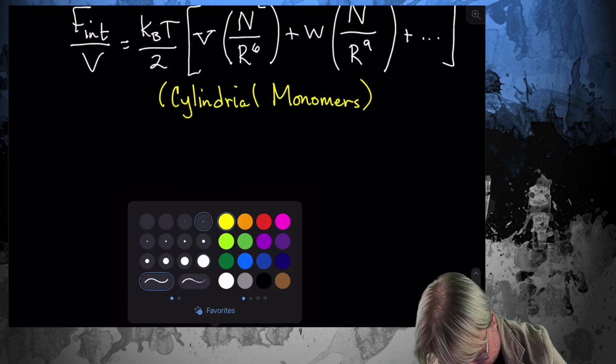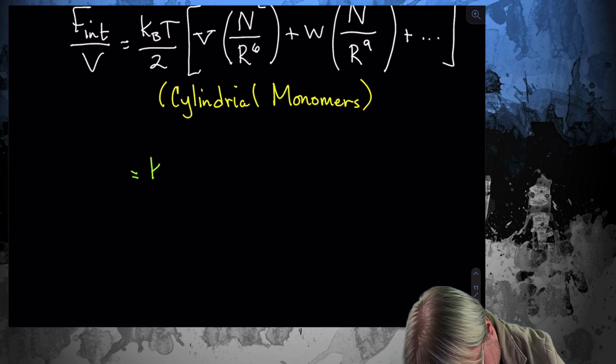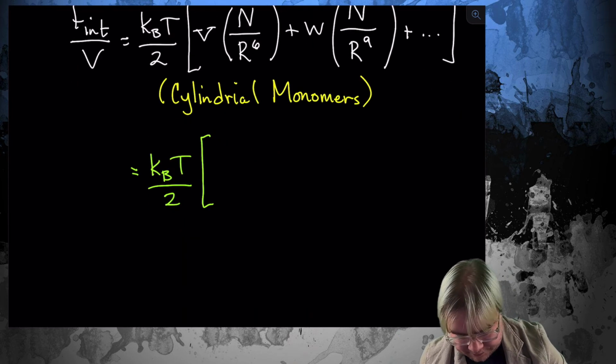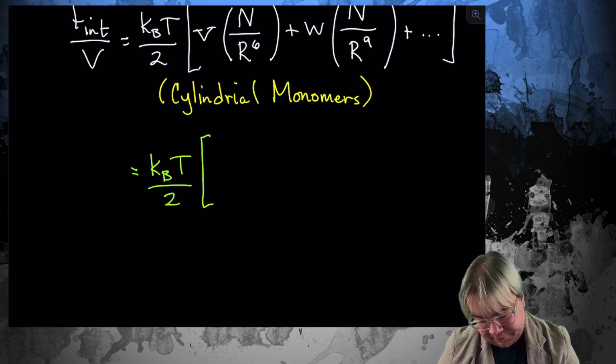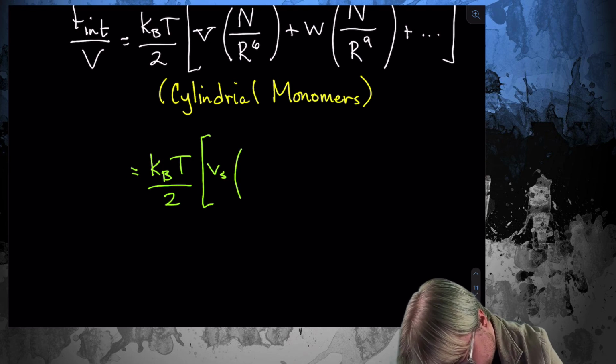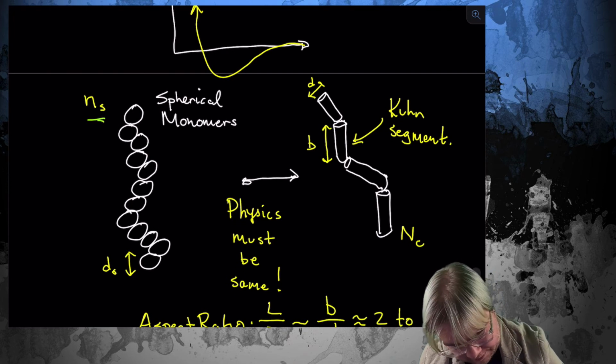This would be kBT divided by 2 times, let's call the excluded volume of the sphere VS. So VS times NS, right? We have NS monomers.